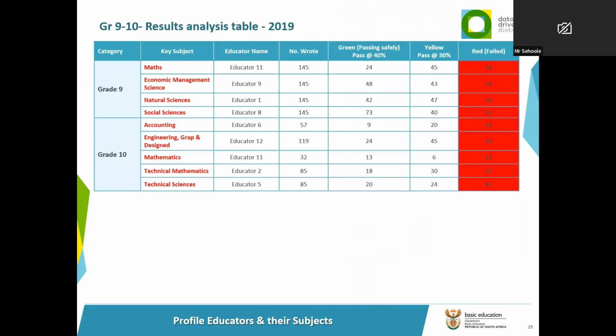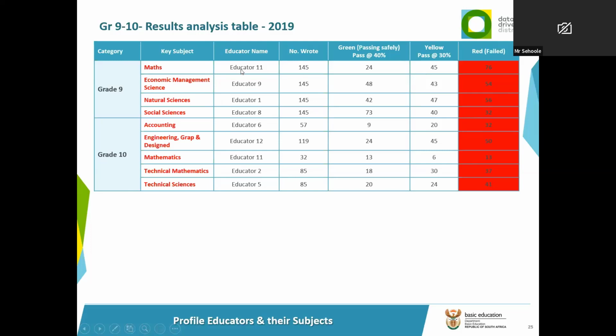I was able to identify these teachers and place the right teachers in their right subject, so that at the end of the day, they do the right thing. You can look at the statistics that I've just given you: 76 learners in mathematics failing, and it's a key subject. You look at EMS, a key subject, natural science, a key subject, social science, a key subject. So these figures were worrying me a lot.